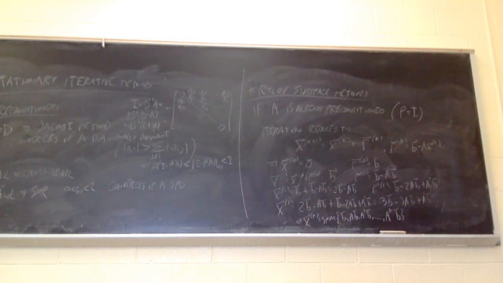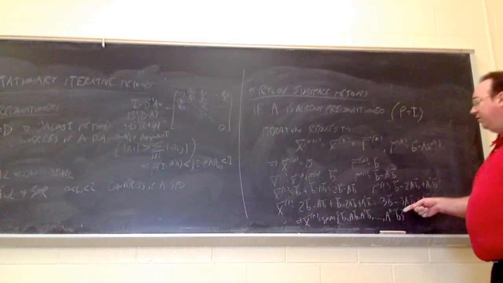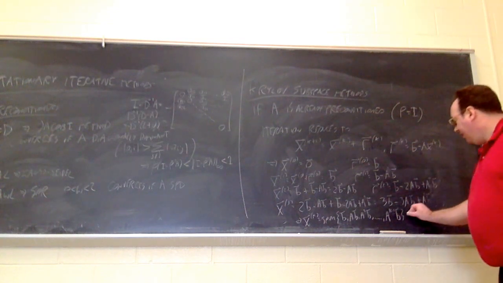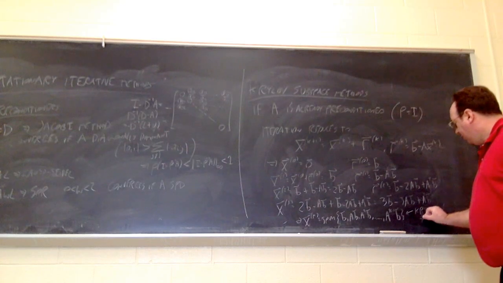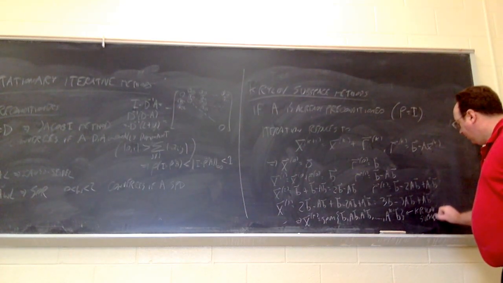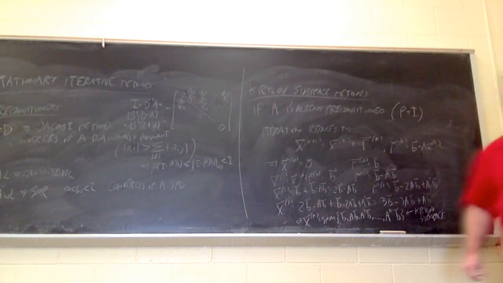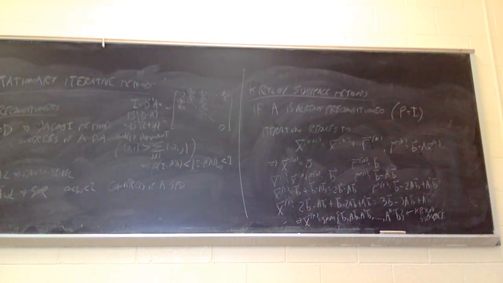A vector space of this form, a subspace of R^n, is a Krylov subspace. It's Krylov, not Krylov, as I learned after many years of pronouncing it wrong.